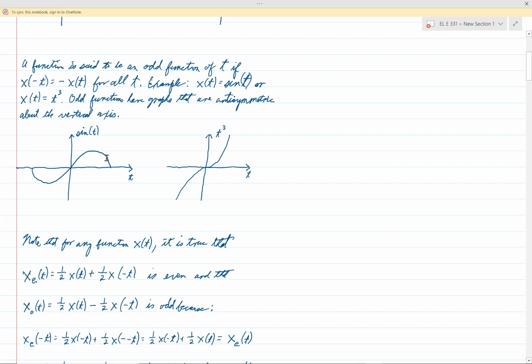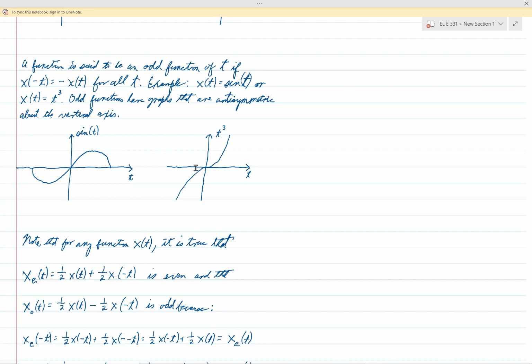You can see how that's true here for the sine of t, and it's also true for t cubed. Imagine you flip that about the vertical axis, and then if you flipped it again about the horizontal axis, you would get this part. So that's called anti-symmetry about the vertical axis, and that is characteristic of odd functions.